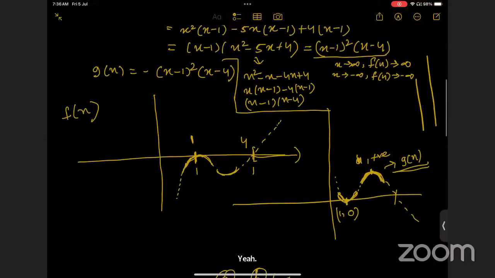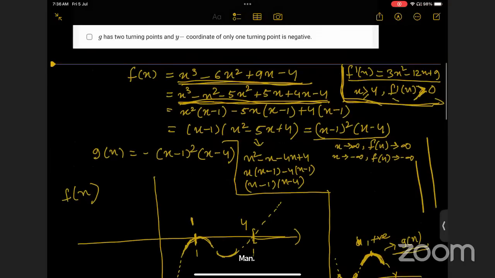Ma'am, can you solve by the quadratic formula? Find the root by quadratic formula. The quadratic formula is for up to second degree, right? Yes, ma'am. We have a third degree equation.